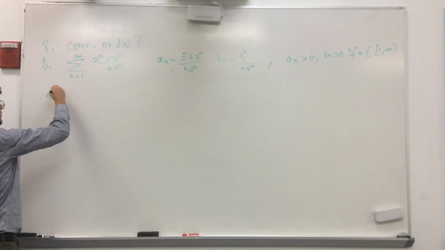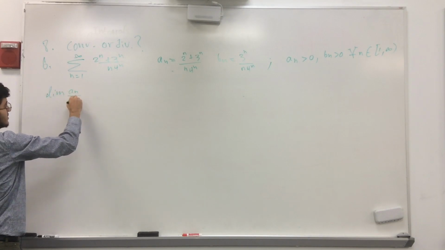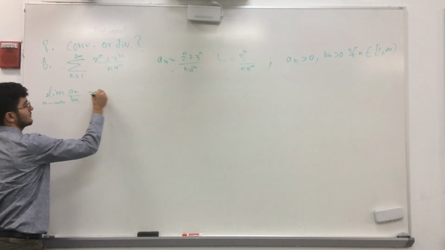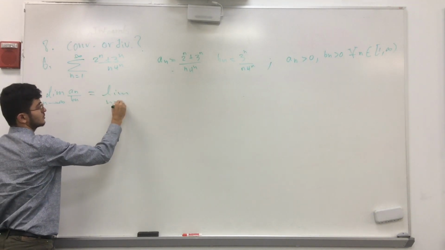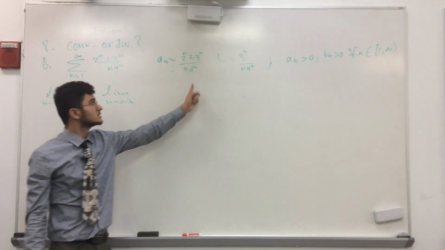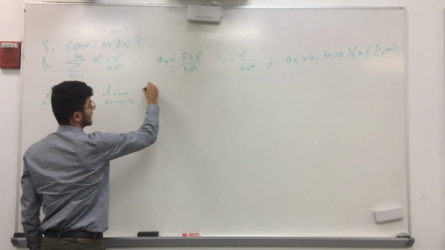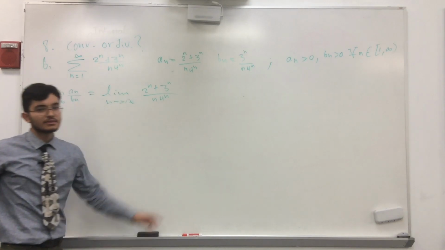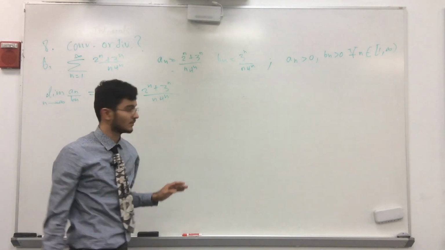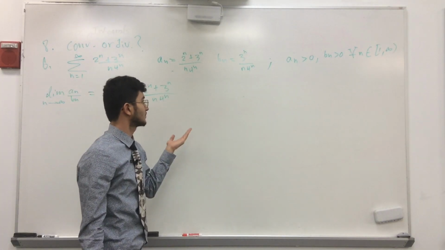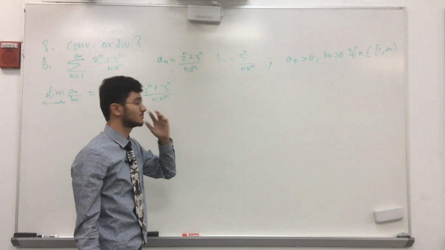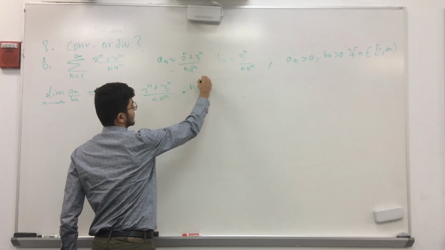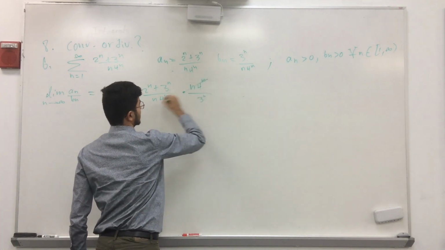we're going to take the limit of an over bn as n goes to infinity. So that's nothing but the limit as n goes to infinity of an, which is 2 to the n plus 3 to the n, divided by n times 4 to the n, divided by 3 to the n over n times 4 to the n, which is basically multiplied by the reciprocal. So it's multiplied by n times 4 to the n over 3 to the n. This cancels out.